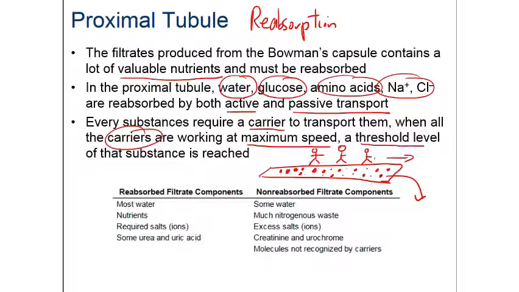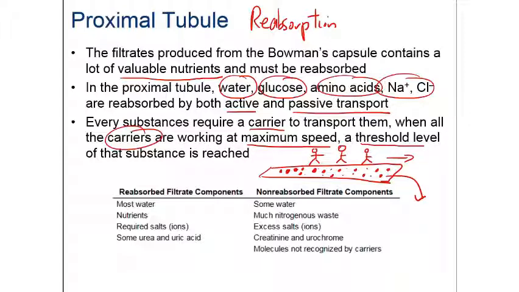all of it back. So different substance is going to require different carriers, and each substance would therefore have a different threshold level, right? Which means the maximum amount that you can potentially take back. And if you don't have a carrier for a particular substance, then it won't get reabsorbed, right?